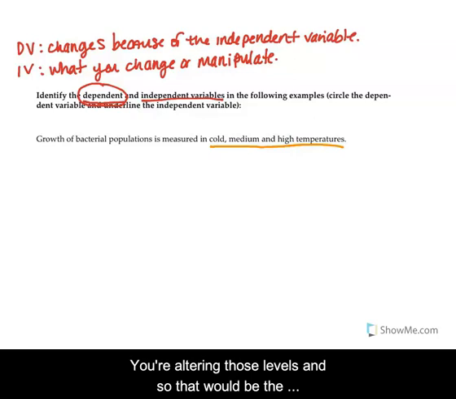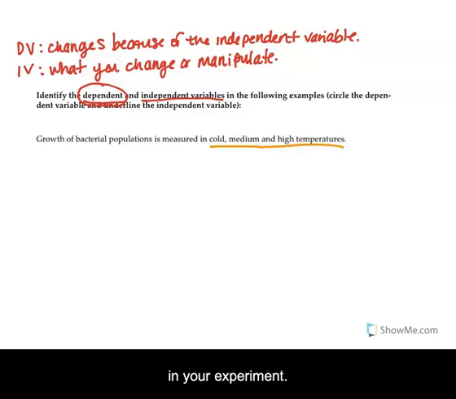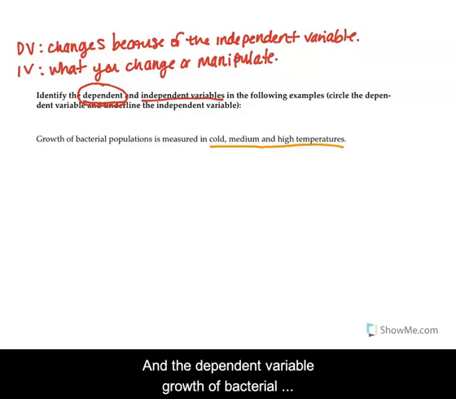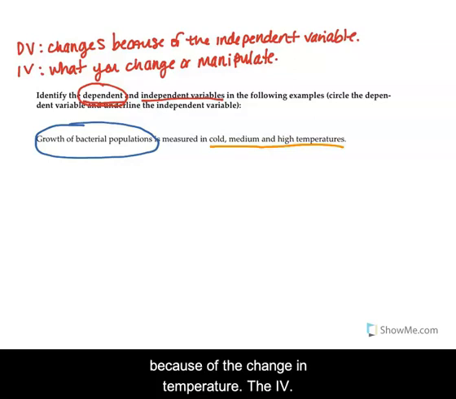You're altering those levels, and so that would be the independent variable because you are manipulating that group in your experiment. And then the dependent variable, growth of bacterial populations, is affected because of the change in temperature, the IV.